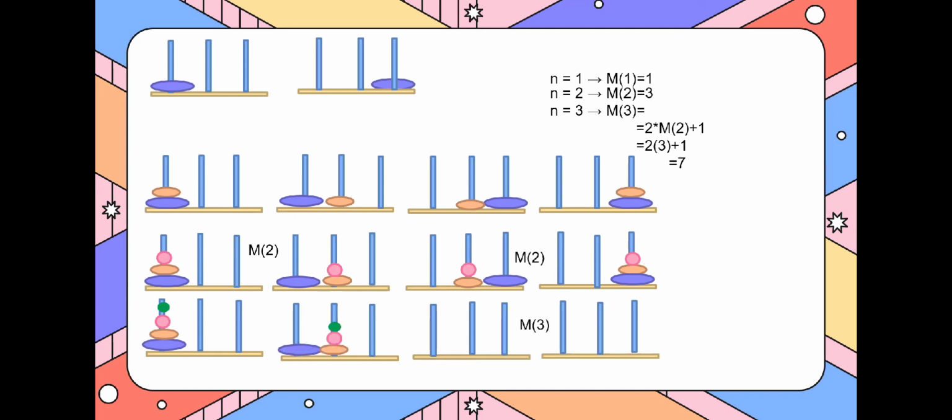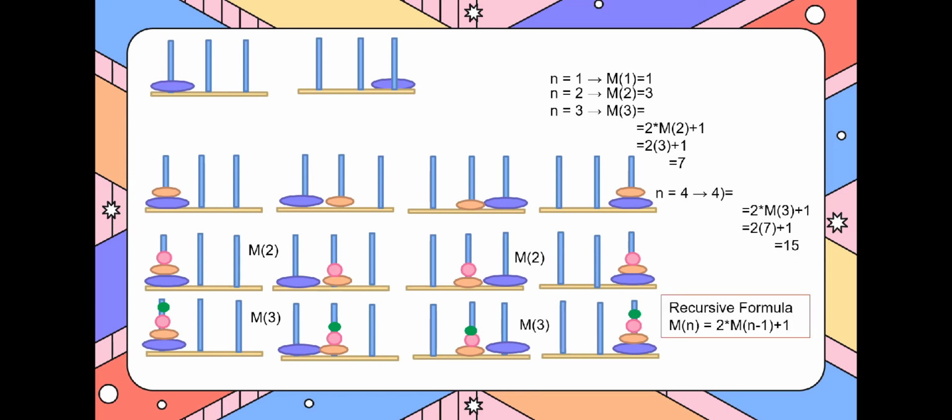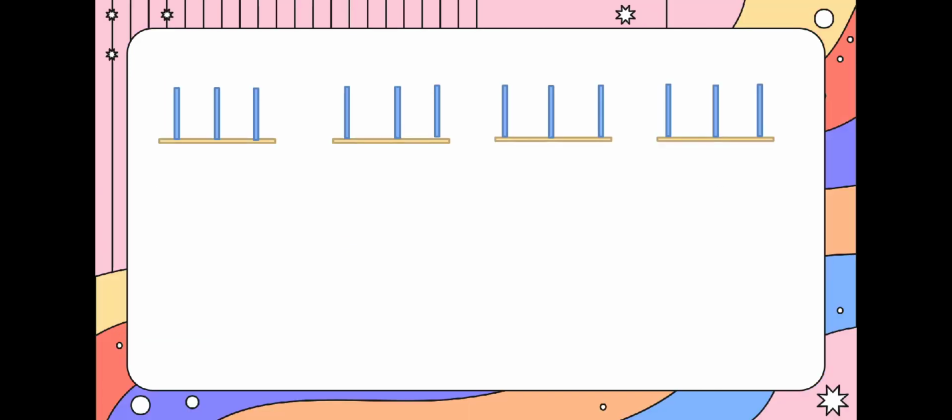If we have 4 discs, it's just the same moves as we made in M of 3, or as we made if we had 3 discs. So our recursive formula now is M of n is equal to 2 multiplied by M of n minus 1, plus 1. Let's try it again with 5 discs.